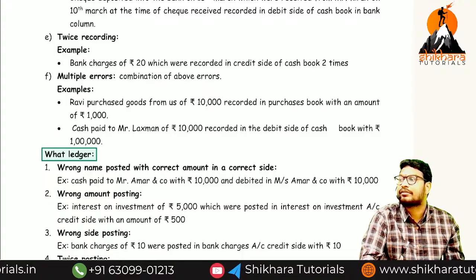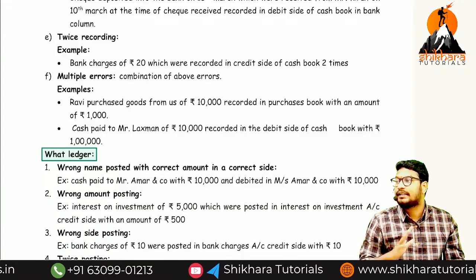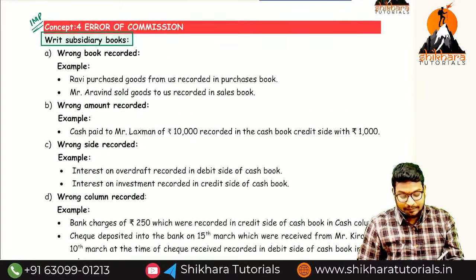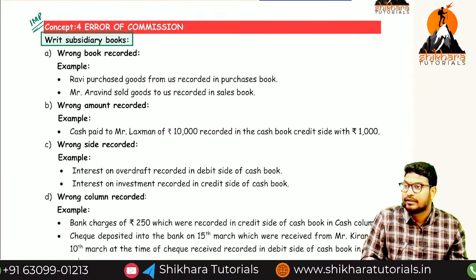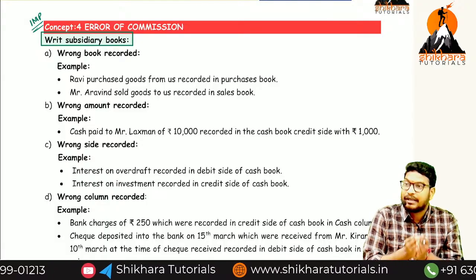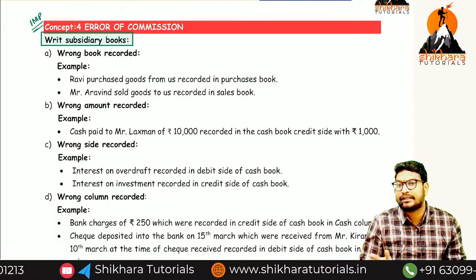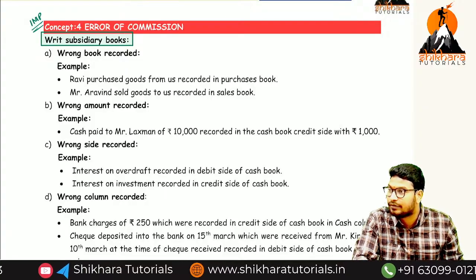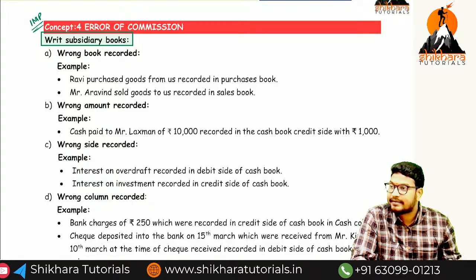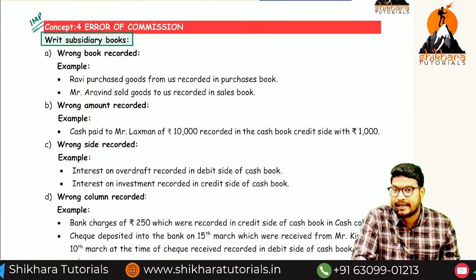And partial omission is only in the case of ledger. That is the reason we are not discussing subsidiary books and ledger there. But coming to the error of commission, it may happen in the case of subsidiary books or in the case of ledger. So we are going to see each aspect with the help of certain examples.